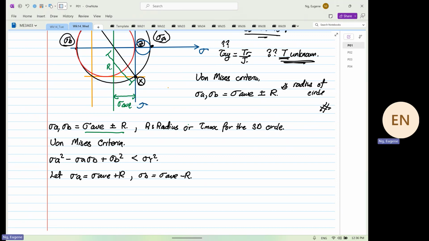Okay. So from here, we're going to substitute into equation number 1. Right? So I'll put that you have to remember this. I forgot to put it into the formula sheet.